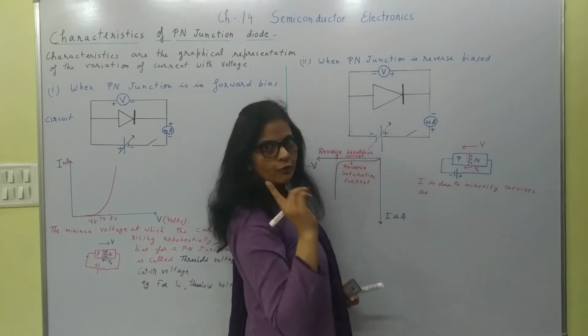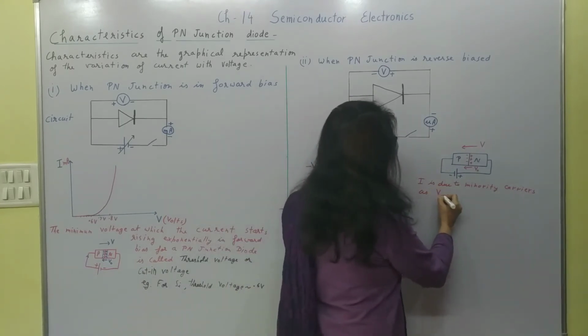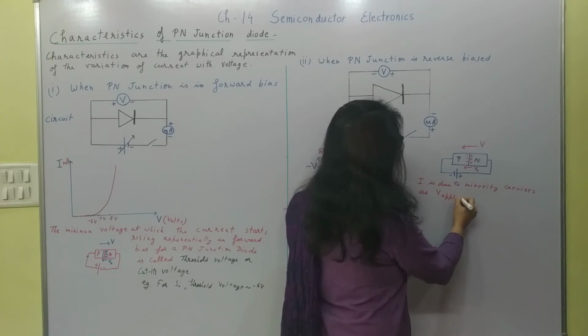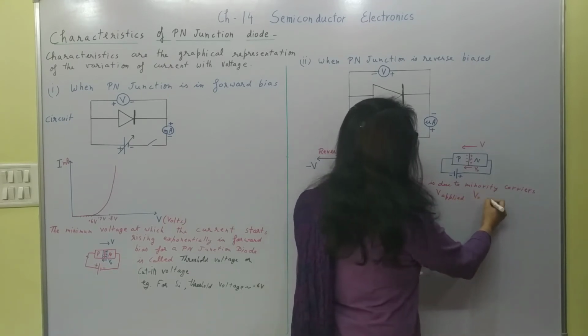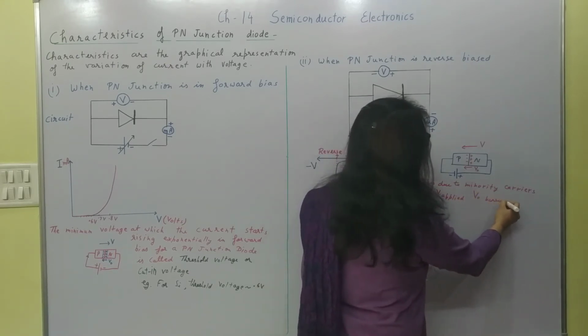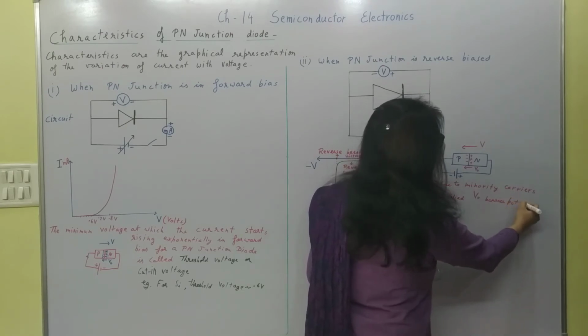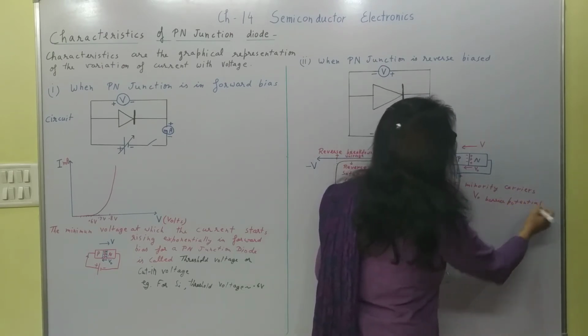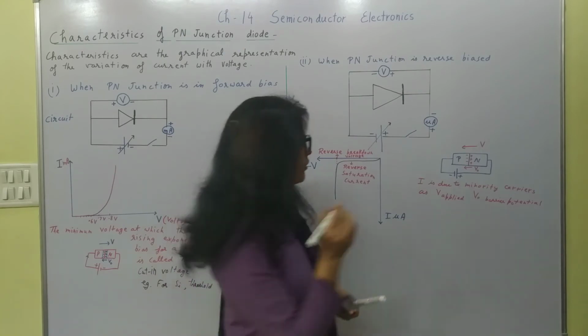As V applied and V naught, that is the barrier potential, support the flow of minority carriers.